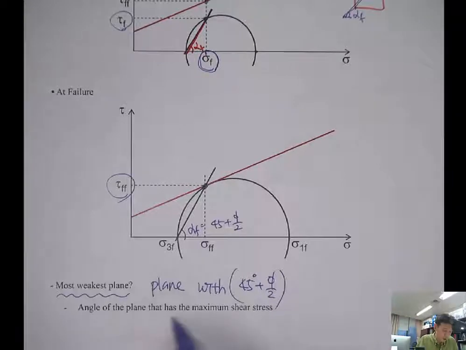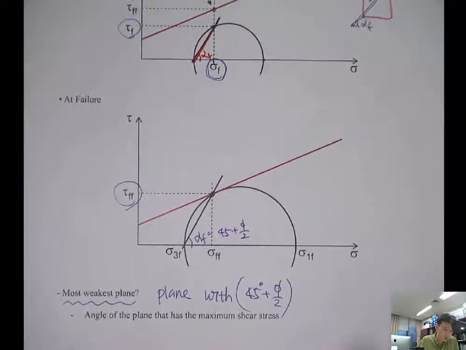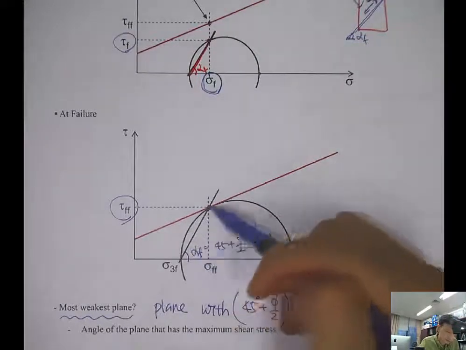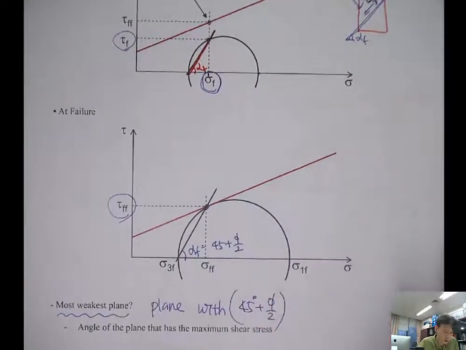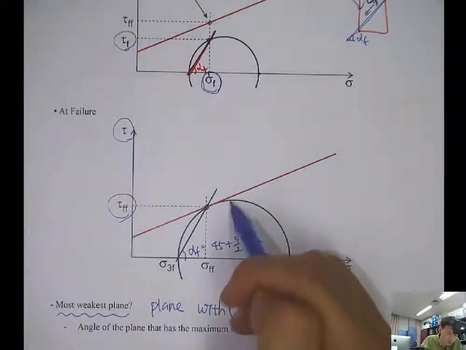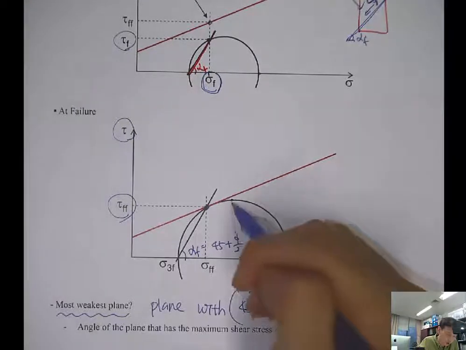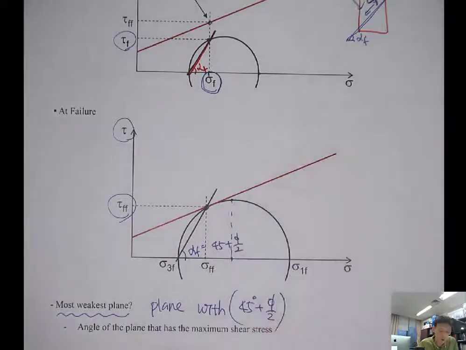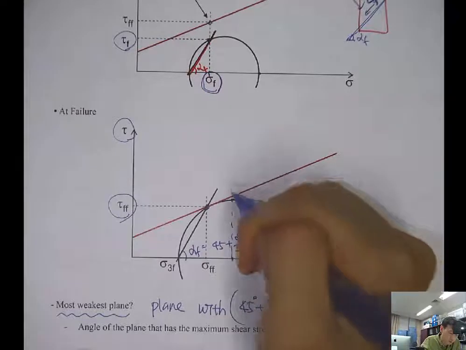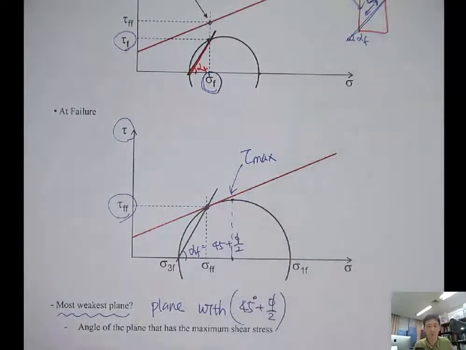What's the angle of the plane that has the maximum shear stress? In this Mohr circle, which one has the maximum shear stress? Maximum shear stress is here, right? At the peak of this circle, at the center, right? And this will be the tau max.